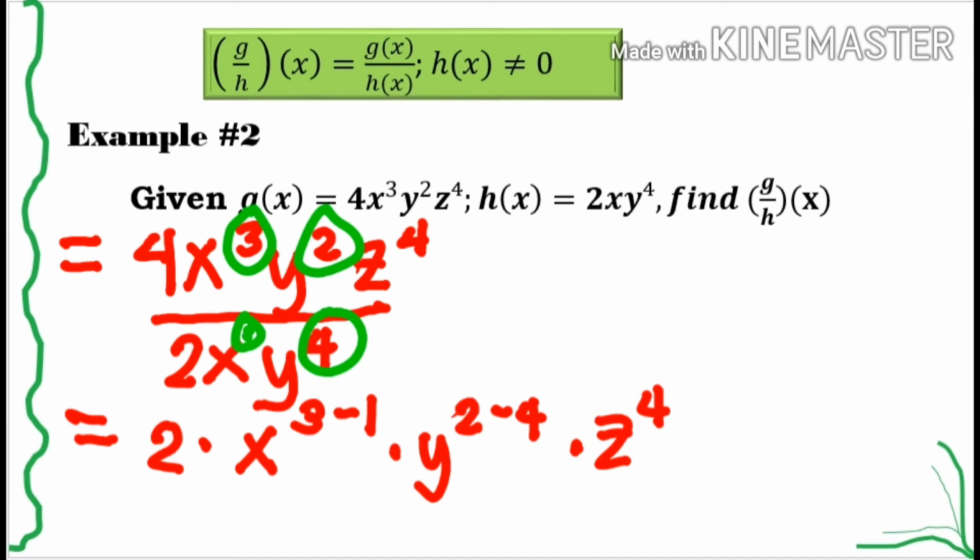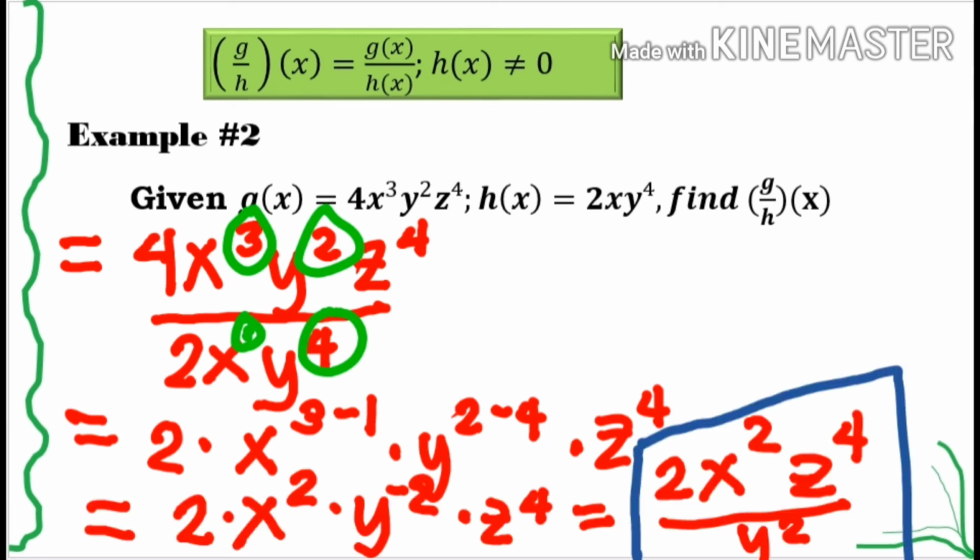So we have 4 divided by 2 is 2 times x raised to 3 minus 1 times y raised to 2 minus 4 times z raised to 4. Then simplify. So we have 2 times x raised to 2 times y raised to negative 2 times z raised to 4. Since y has the negative exponent of 2, we need to make it a fraction for the exponent to be positive. So we have 2x squared z raised to 4 over y squared.